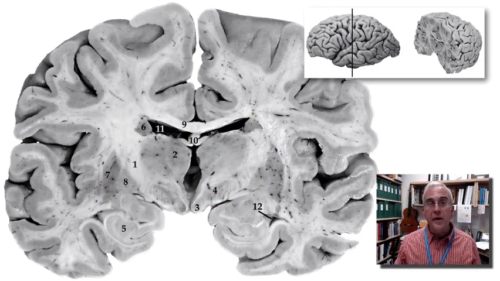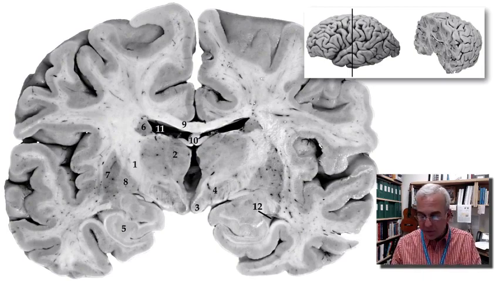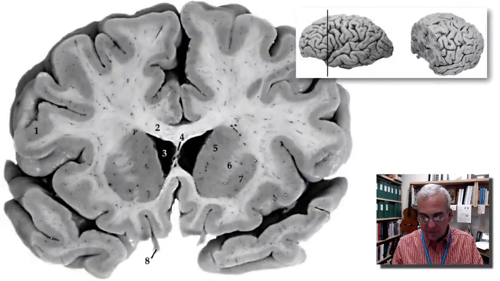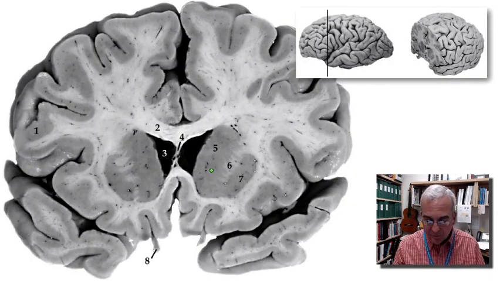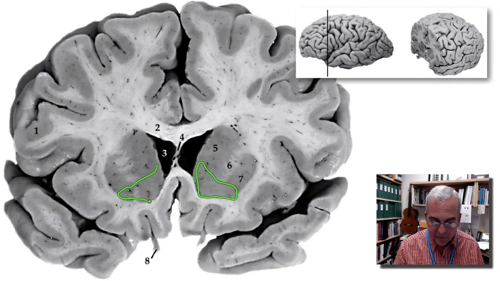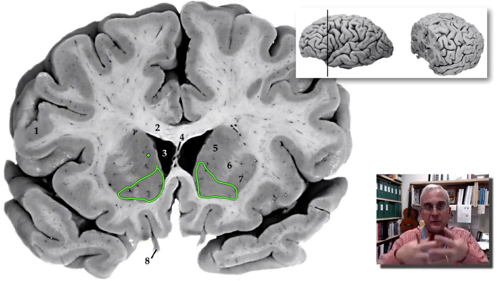Now, you may be wondering about this limbic loop, where are the structures that the nucleus accumbens projects to, and so on. So let me just point those out while we're making our way through these sections. So I did, in fact, show you the nucleus accumbens, which is this ventral and anterior region where the caudate nucleus and the putamen seem to fuse together around the anterior margin of the internal capsule.